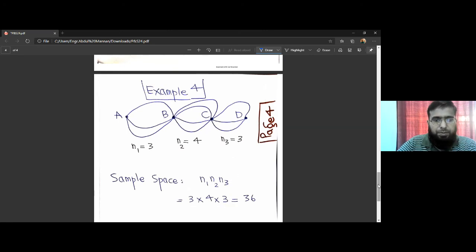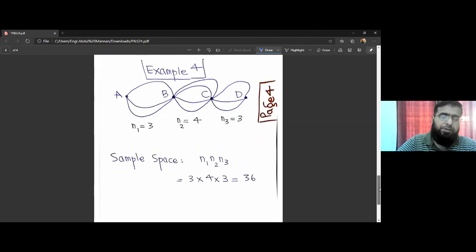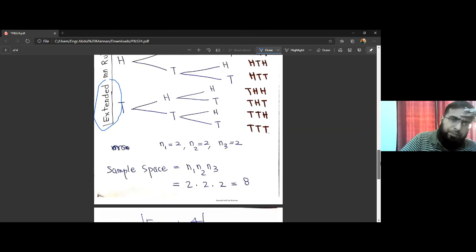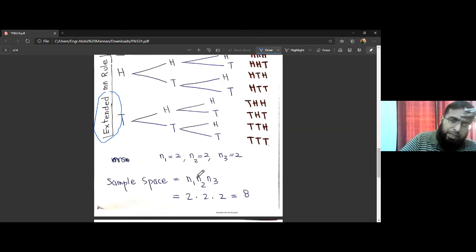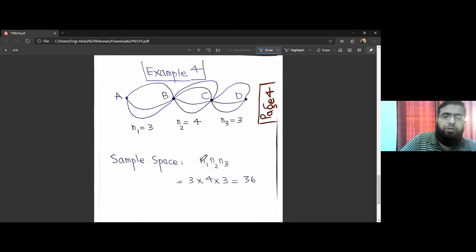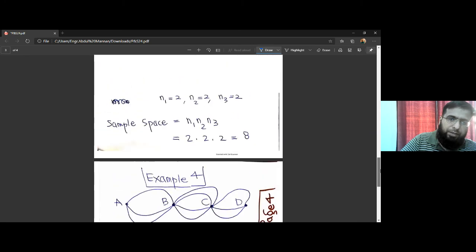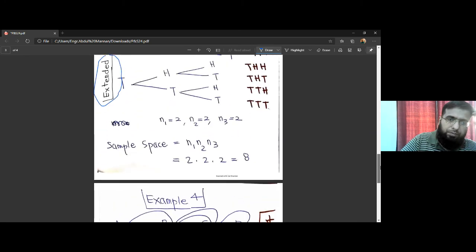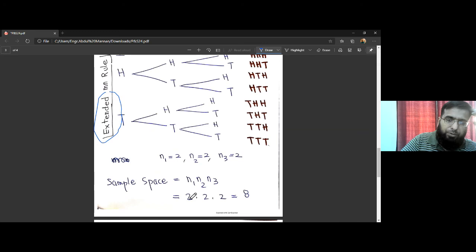So here is another example of how we can use the extended mn rule. For these 2 examples, m is 3 here, and m is also 3 here, but we don't multiply that with n. Why don't we multiply that with n? Because for every stage we have different options.